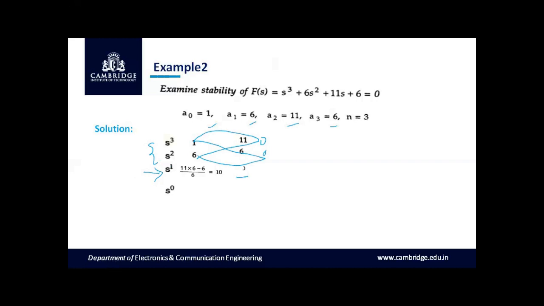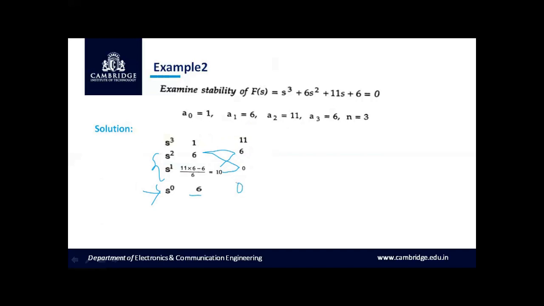Hence it will be equal to 0. To fill up the fourth row, we have to make use of the previous two rows as a reference and follow the same formula. Fourth row, first element can be given by 10 into 6 minus 6 into 0, divided by 10. Hence I get 6. And the fourth row second element will be equal to 0.